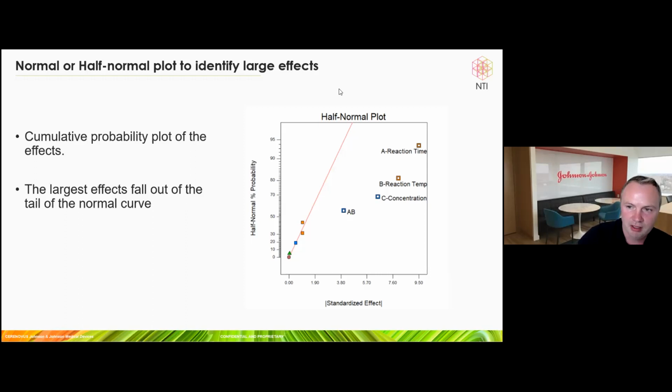So anything falling off this straight line is considered a potential model term with a big effect. And then you can select these, include them in your model, and then you can go ahead and do ANOVA and other statistical analysis to determine the size of the effect and whether it's a real effect or not. But this is important because this is how you select terms for your model, and then you can do your predictions and so on, and look at the effect of these terms out the other end.